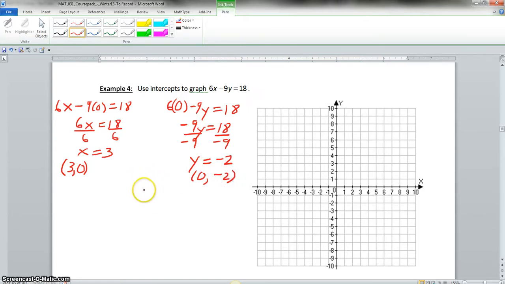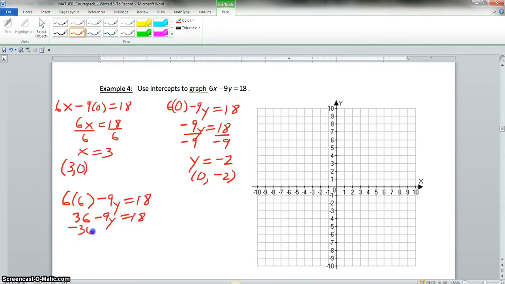Okay, now we need to find a third value. Now this is what we could do. We have 6x minus 9y is equal to 18. We already used 3 for x and negative 2 for y. So why don't we use 6 for x? So we will have 6 times 6 minus 9y equals 18. 6 times 6 is 36 minus 9y equals 18.